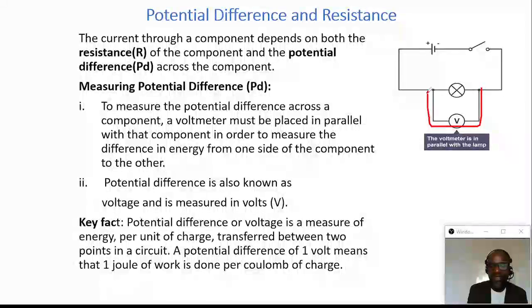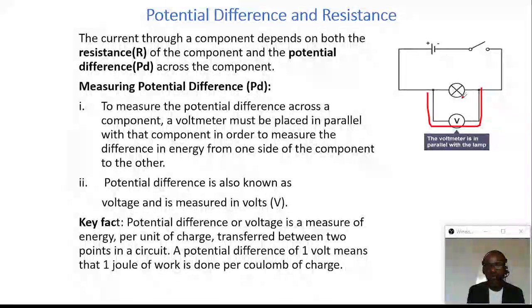This illustrates the connection of a voltmeter between the terminals of the lamp, because we want to measure the potential difference across the lamp. If we do that, the voltmeter is connected in parallel with the lamp. That is what it means. That is the order.